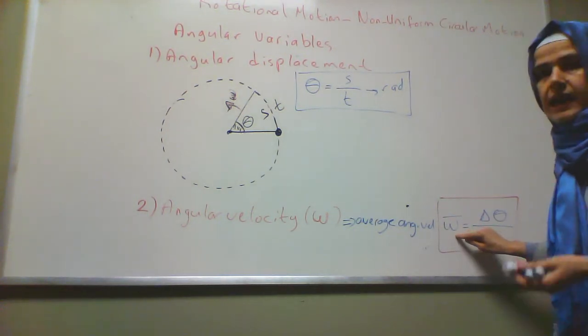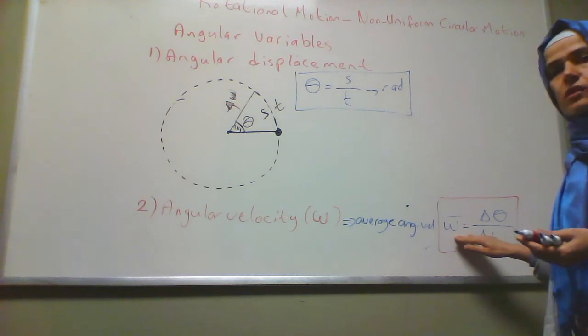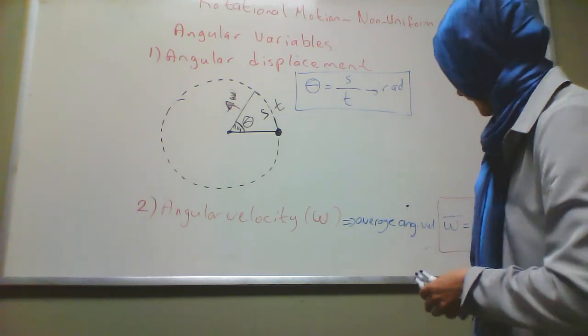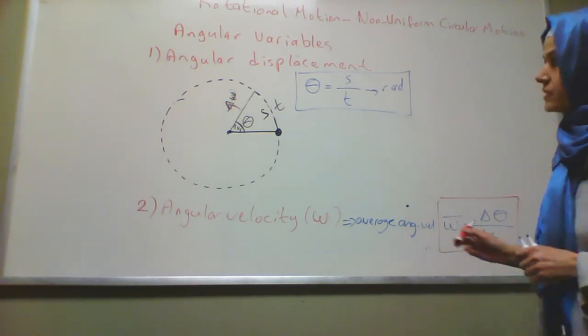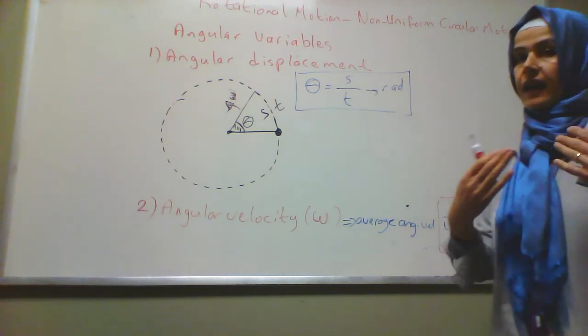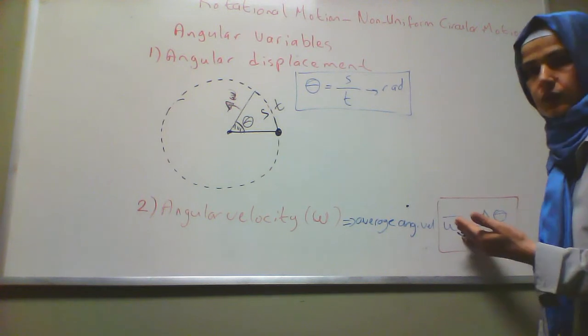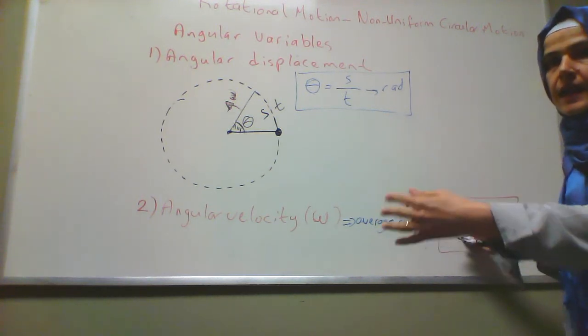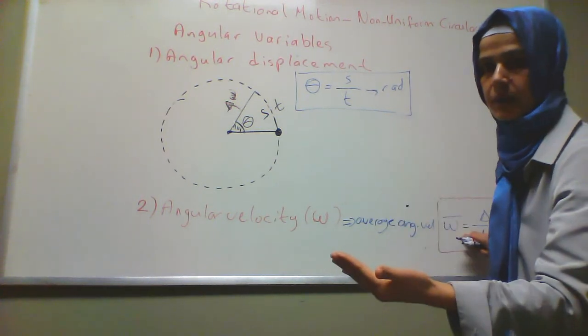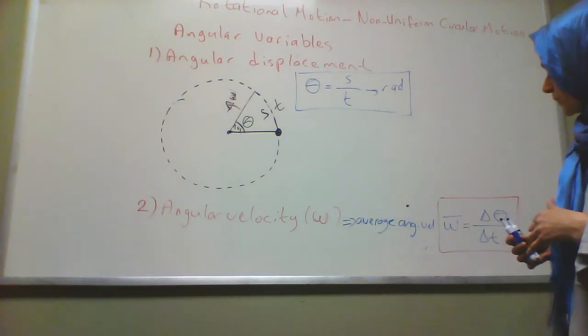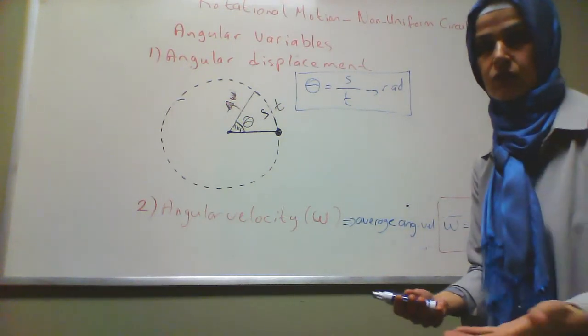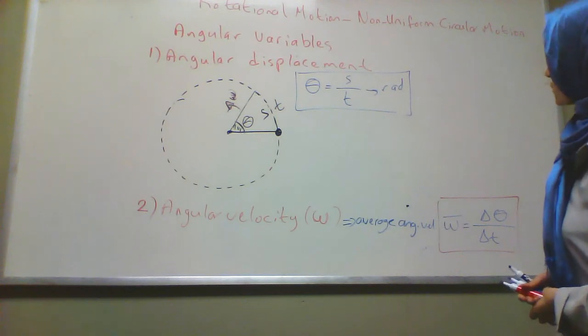We'll be dropping the average sign. We'll just call this omega, but what we will be looking at is average angular velocity. Now, if the angular velocity is changing, that means there is a change of angular velocity per unit time. And change of velocity per unit time generally produces an acceleration, what we will call angular acceleration.